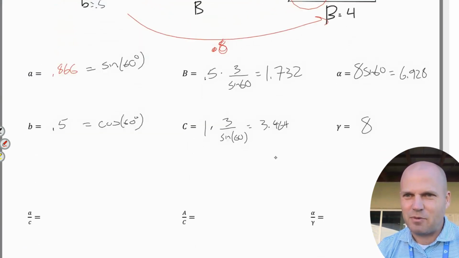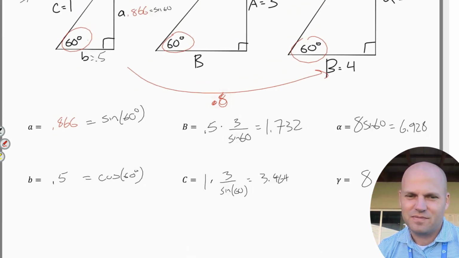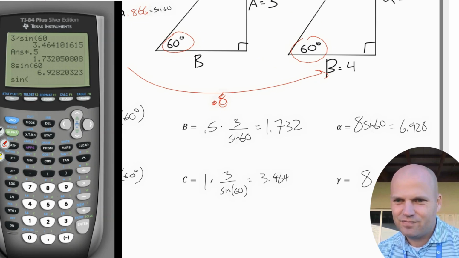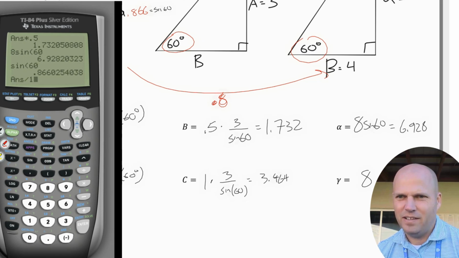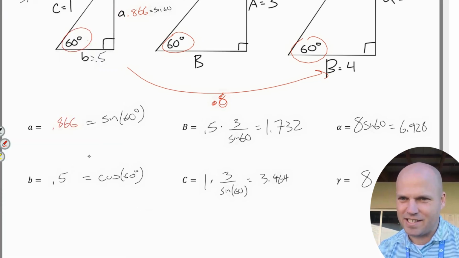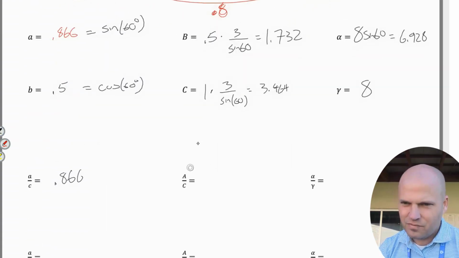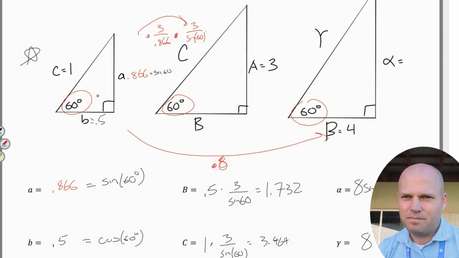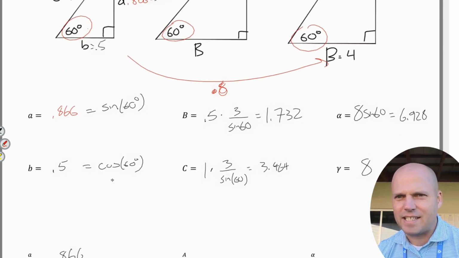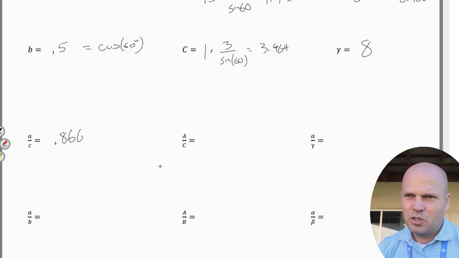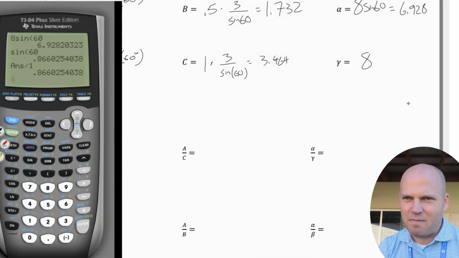Now, let's figure out some ratios. A to C. Oh, wait, that's got to be just 0.866. Okay, cool. A to B. Okay, 0.866 divided by 0.5.